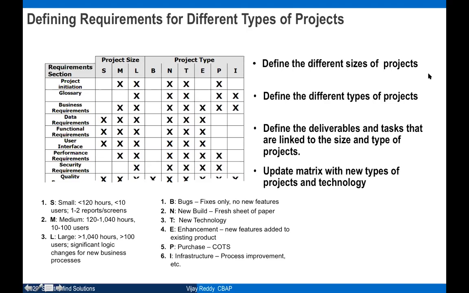Right. Therefore, this depends on how complex the project is. You can take it in terms of number of users for your project, or number of reports you are generating, or number of business logic you are adding into the software. This is right. So this is one way of looking at it. The other way of looking at it is through size. Yeah, there are different ways.